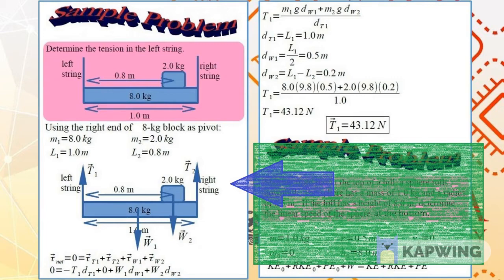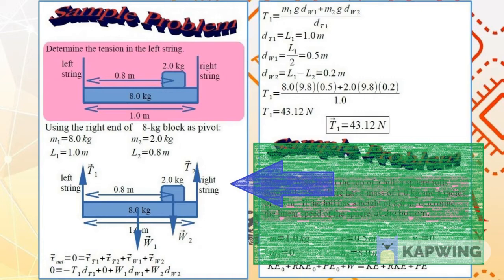First thing you need to do is identify the forces that are acting in the system. Clearly, we have M1 and M2, we have masses, therefore we have weights. We have weight 1 and we have weight 2. The system is supported by the strings, therefore there are tensions in the strings.